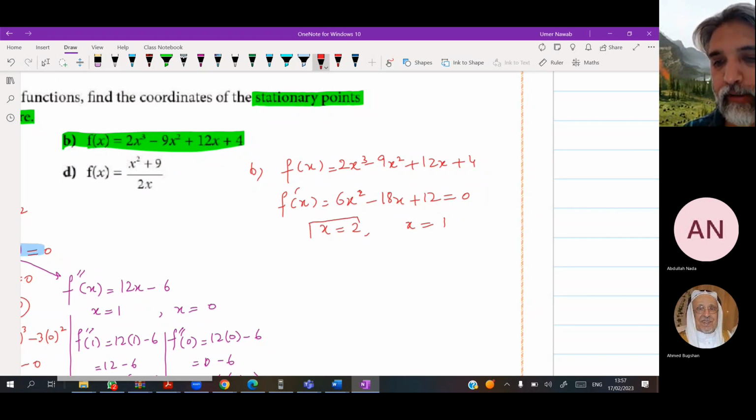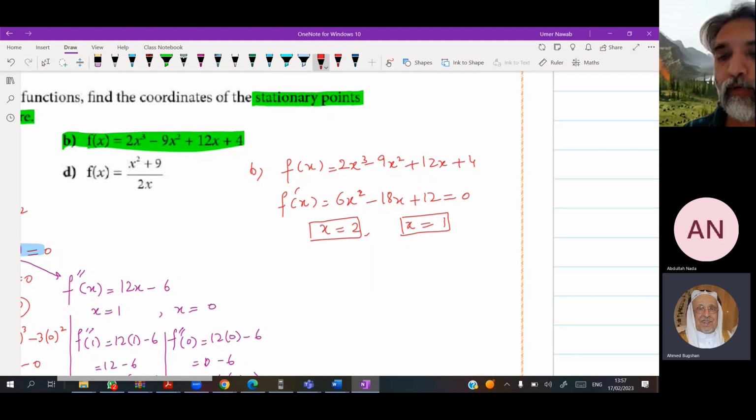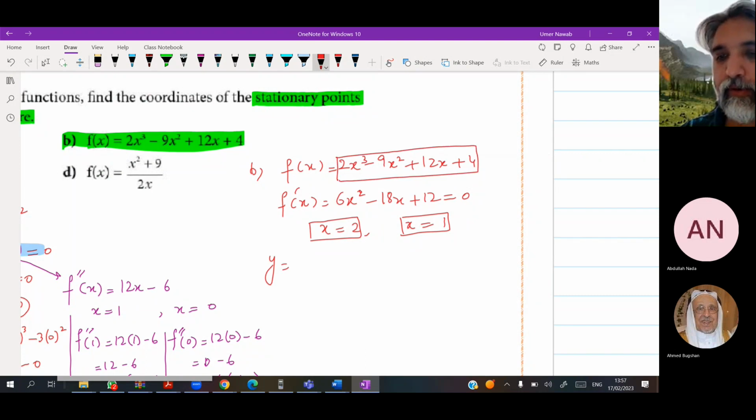Since the examiner says we need to find the coordinates of the stationary points, we then need to put x into the original equation. Yes, so we will substitute the values of x into the original function.